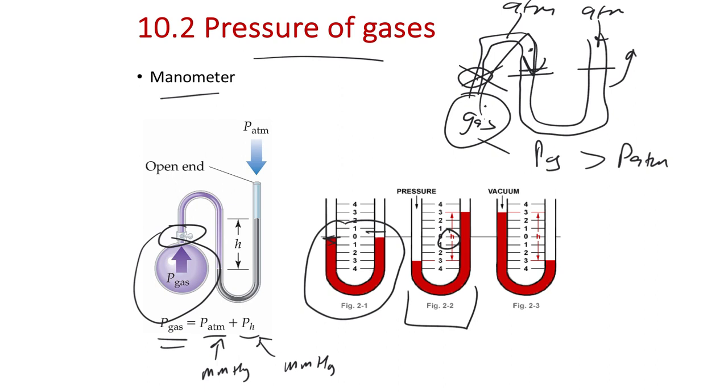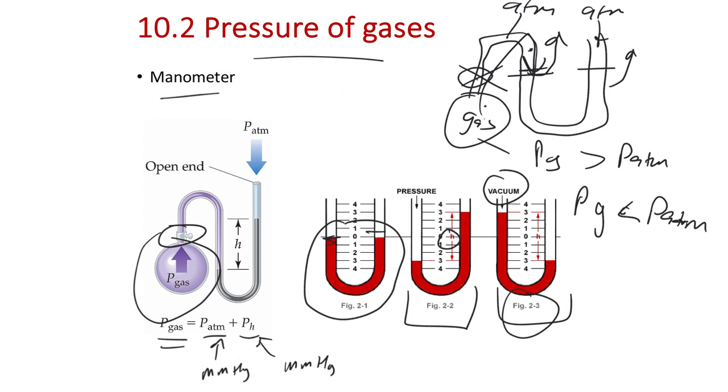And then the other possibility would be that the gas sample is less than atmospheric pressure. If we open our valve and the gas pressure is below atmospheric pressure, then the height of the mercury is going to move upward. So we're going to see the height here go upward, resulting in figure 3. This is what it looks like when our gas sample has a pressure lower than atmospheric pressure.